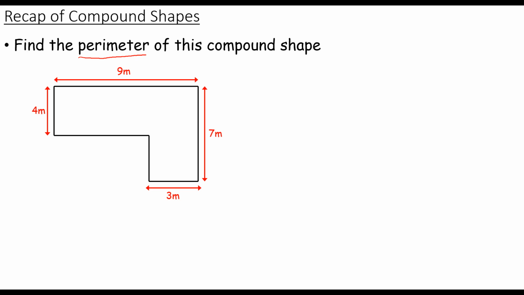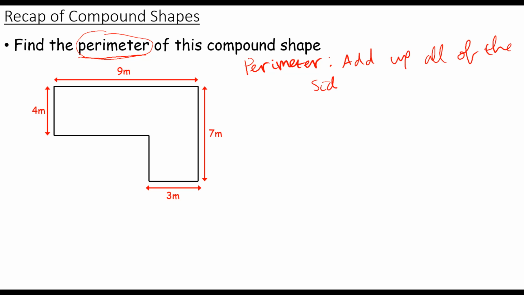So if you are struggling to find the perimeter, remember, if you want to work out the perimeter of a shape, you simply add up all of the sides of the shape.